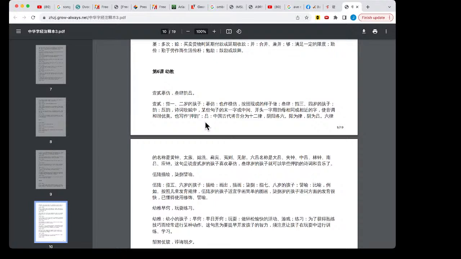Oh, so this one I need to change. It looks like it should be 吕. Okay, I think I would change it. And so it should be like this. 韵律, that makes more sense. 韵译 does not make sense.